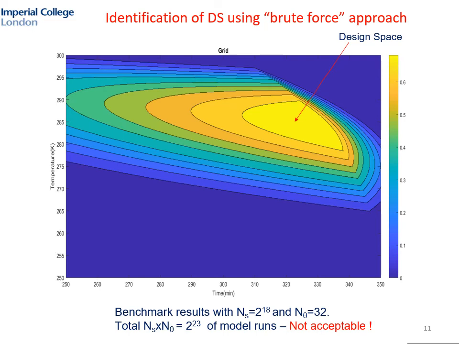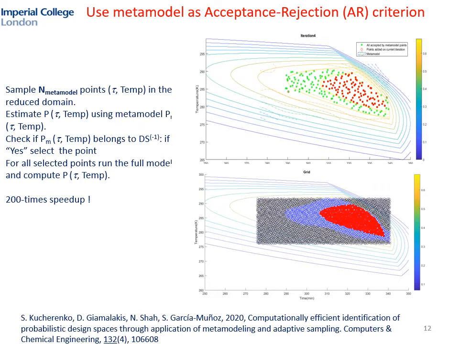If we apply the brute force approach that we presented for identification of design space, to obtain good results, we would need the total number of sample points and model runs to the power 23, which is a very large number, and it's not acceptable for this small problem. We develop a technique based on a meta model as an acceptance rejection criterion.